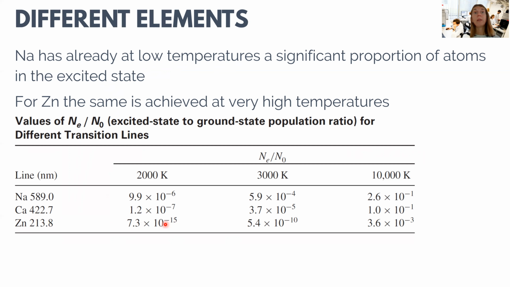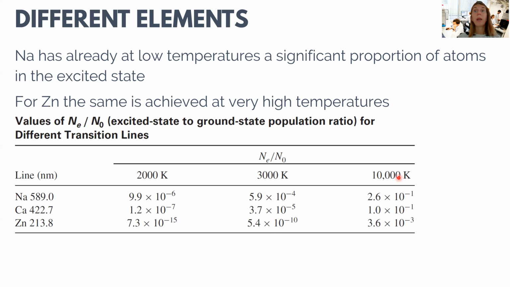And of course, we see that when we increase from 2000 Kelvin to 3000 Kelvin, then for all elements here, this ratio is increasing. So we have an increasing amount of this excited state present in the flame where we do the measurements. However, this effect is still not sufficient for zinc, where still only 1 in every 10 to the power of 10 atoms is actually in the excited state.